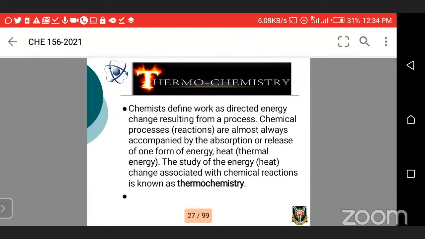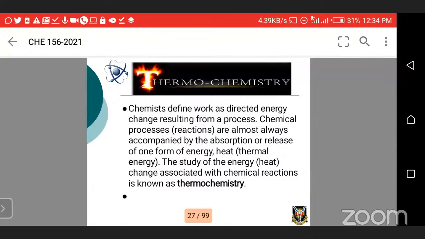In chemistry, we are really concerned with chemical energy, and also the work that can be done by chemical reactions.